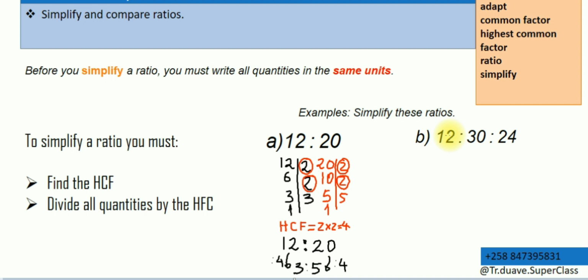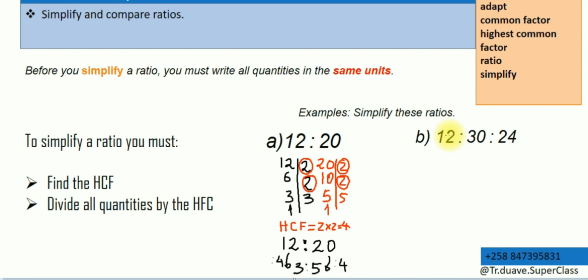Okay, so now let's work out example B. I want to simplify this ratio, 12 to 30 to 24. So we just need to factorize each of the quantities.